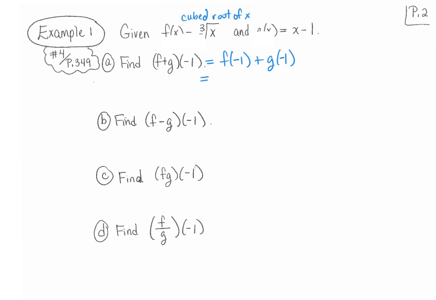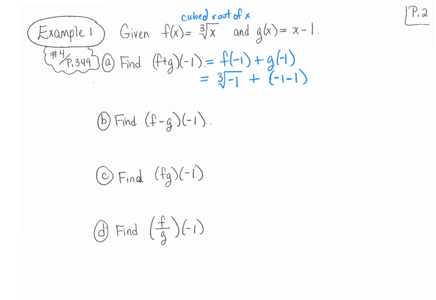F of x, good. So this first part means we take -1 and substitute it into f of x to get the cube root of -1. Plus, what do we do now? g of -1, good. And we're going to put that in parentheses. Technically, we don't have to do that here with the parentheses because the sign in front is addition, but we have to be careful in case that's subtraction. So I'm just putting it here for good habits.